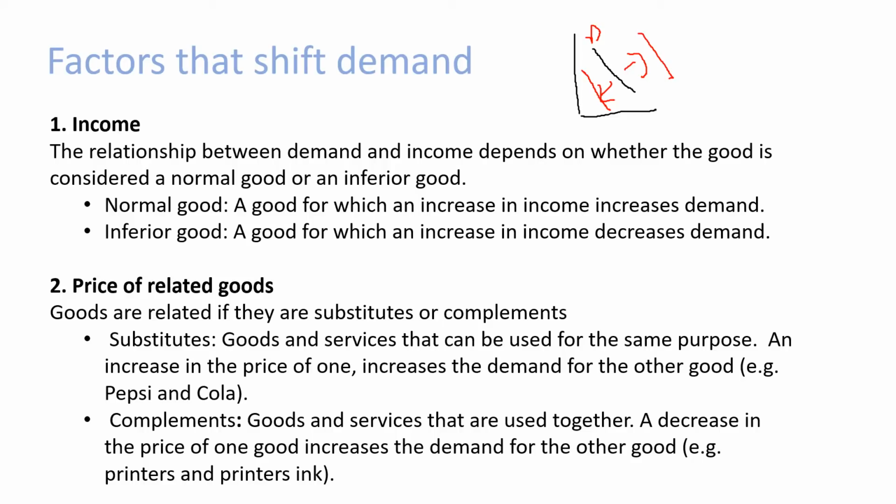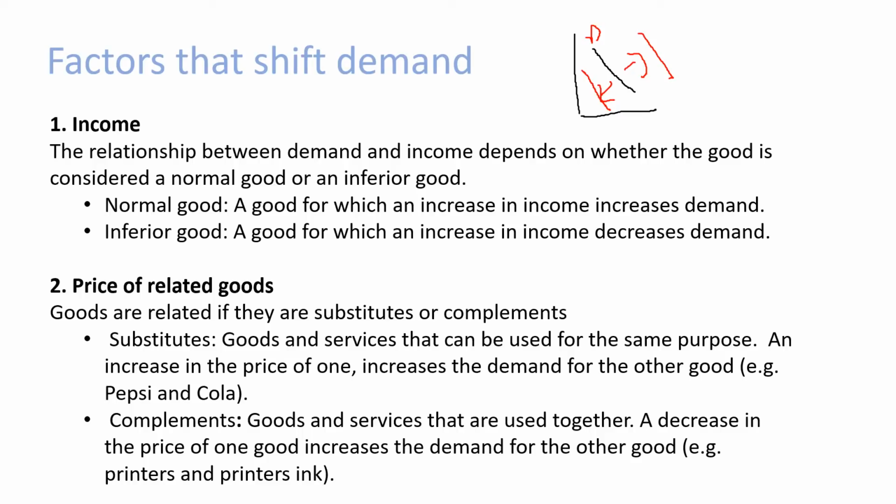Let me give you an example. If your income increases, what will happen? Basically, you will go and buy certain branded or luxurious items because you have more money to spend. The opposite happens when your income decreases: the demand for inferior goods will increase.